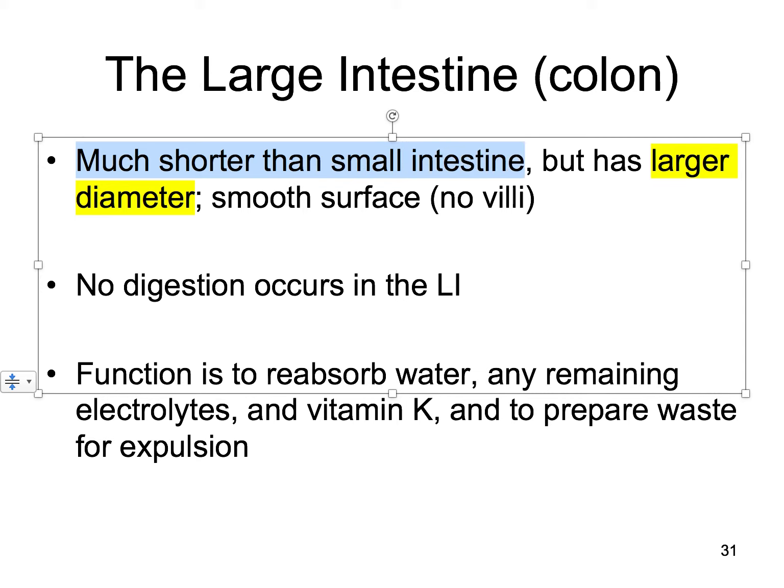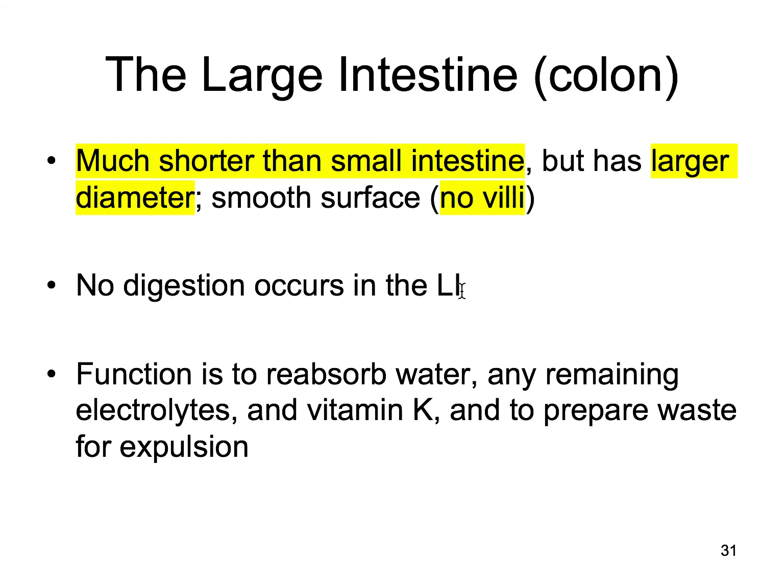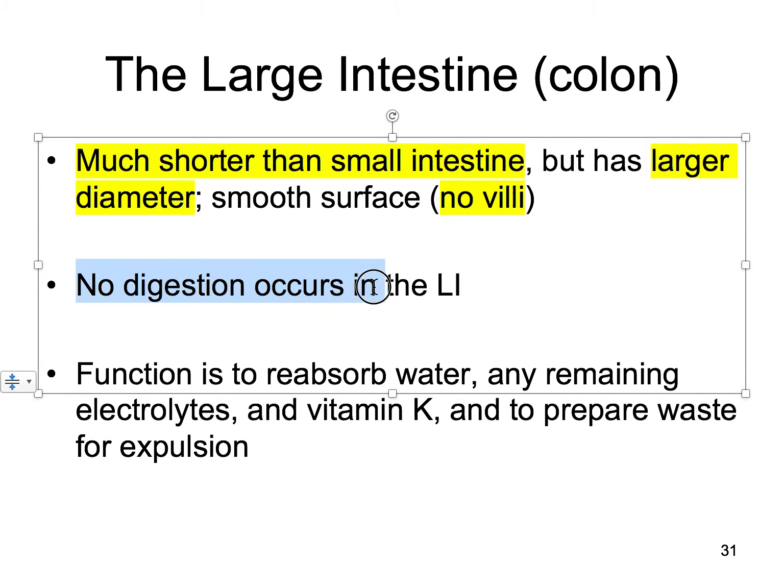Remember, the small intestine is larger because it's all convoluted and wrapped up. It also has a very smooth surface. There are no villi in the large intestine, meaning no major absorption processes are happening. We're not going to see the absorption of proteins and carbs and sugars in the large intestine. No digestion is happening in the large intestine.